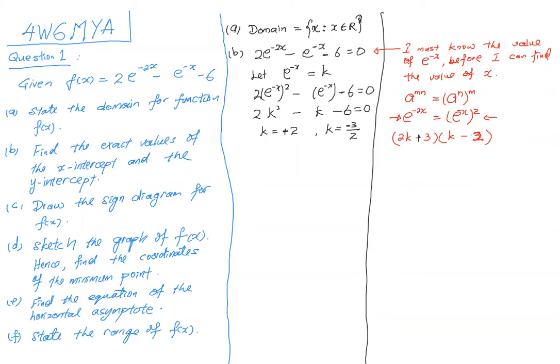So now our k is e to the power negative x. So this will be equal to 2. Every time I have a negative power, I prefer to do it like that.